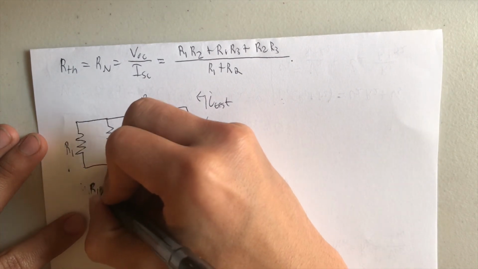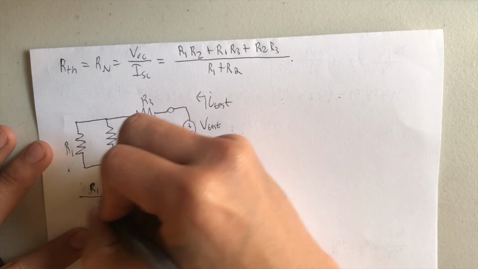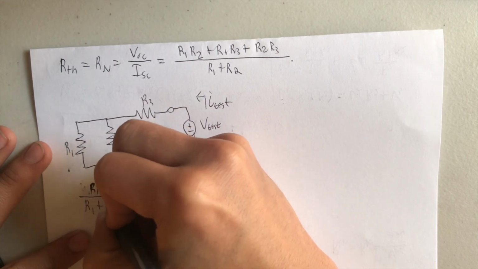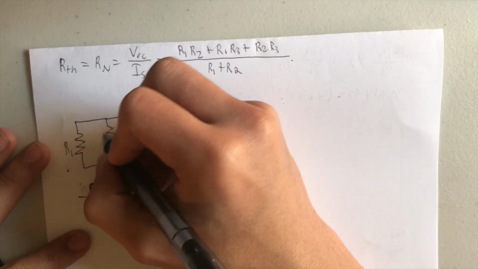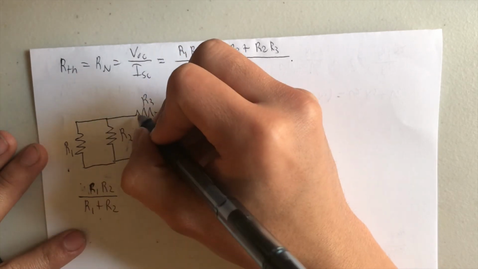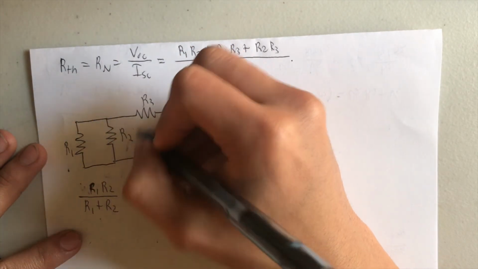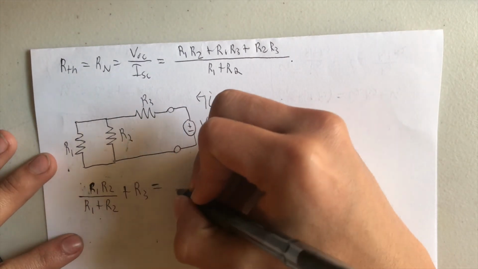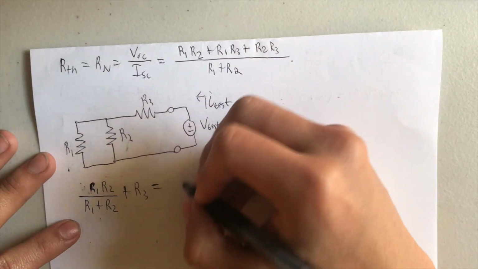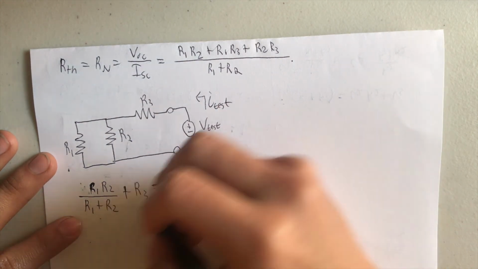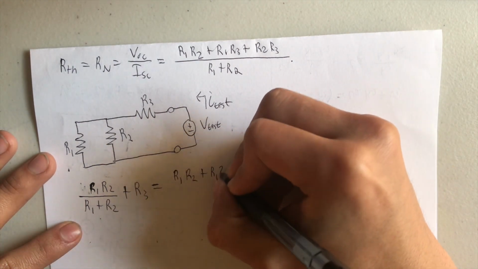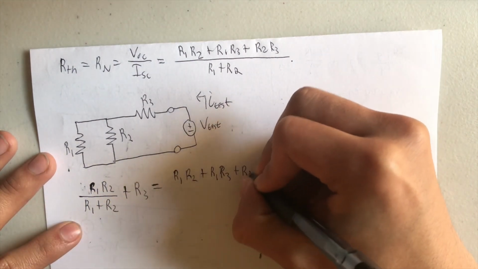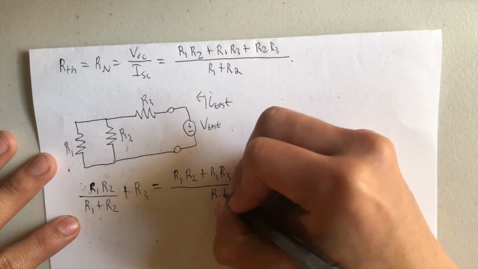That means R1 R2 over R1 plus R2. And when they're in parallel, we notice that they're in series with R3. And if we multiply it out, we actually get that same exact result. R1 R2 plus R1 R3 plus R2 R3 over R1 plus R2.